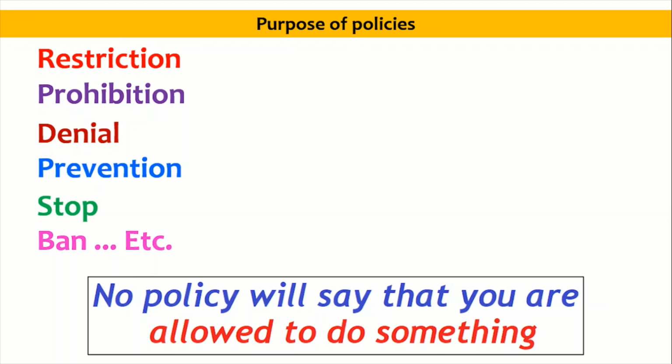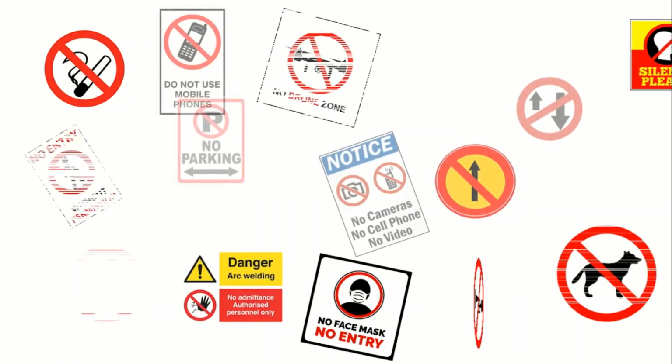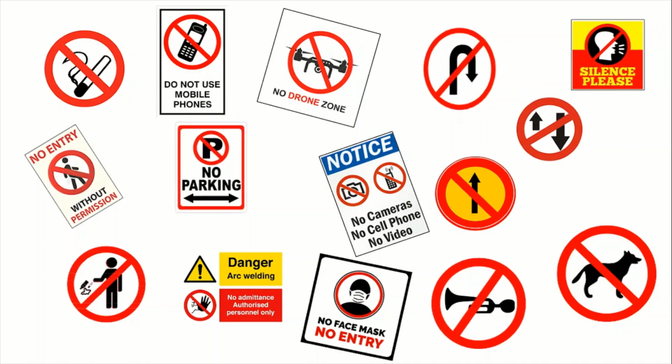We need to keep in mind that no policy will say that you are allowed to do something. Policies are meant for denials, prohibitions and restrictions. You might have seen these signboards whenever we walk anywhere, in a mall or on the roadside.